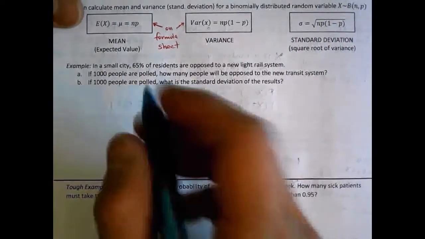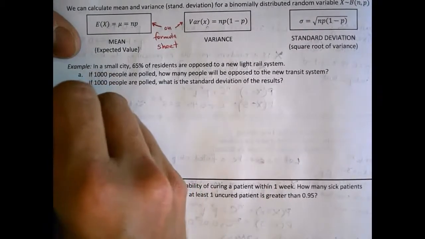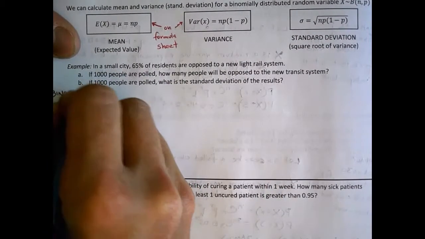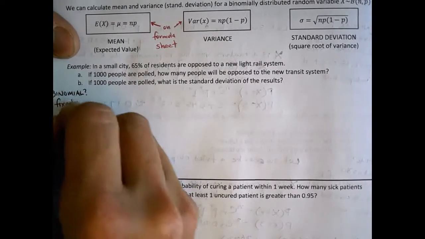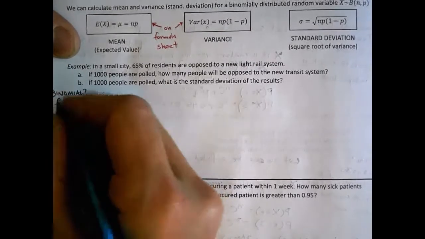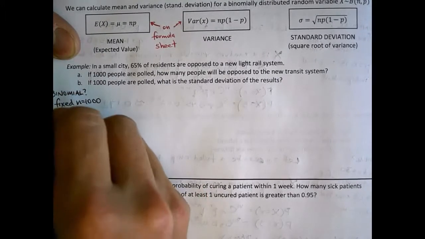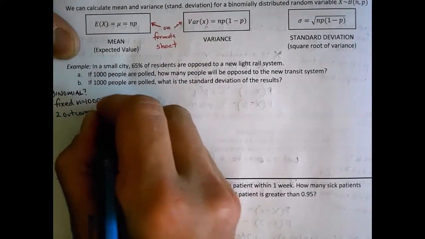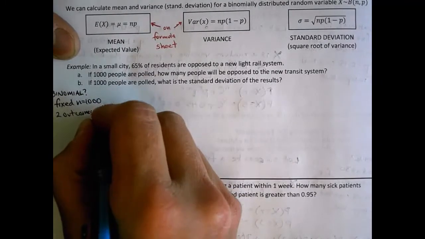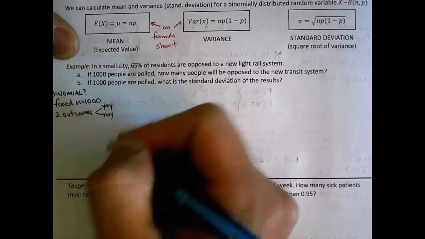Well, is this a binomial distribution? Let's see. Does it have a fixed number of trials? Well, yeah, it does. You're calling up 1,000 people. Are there 2 outcomes? Yeah, they either say, yay, I like this idea, or nay, I don't like this idea.